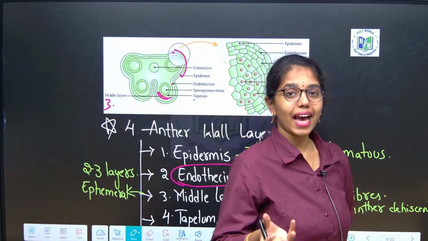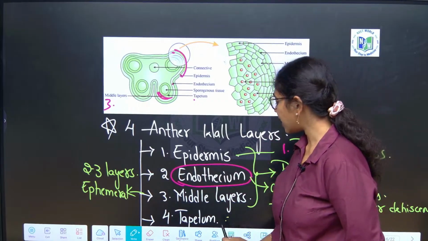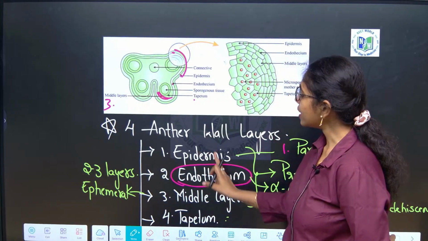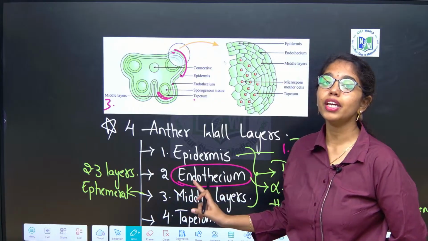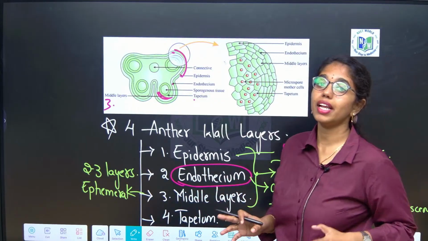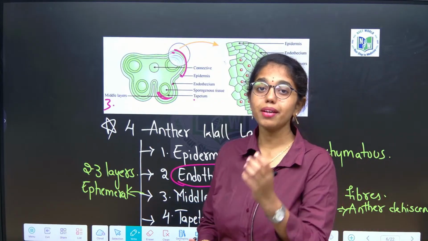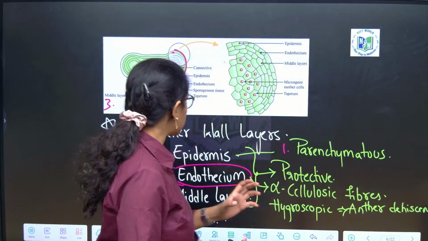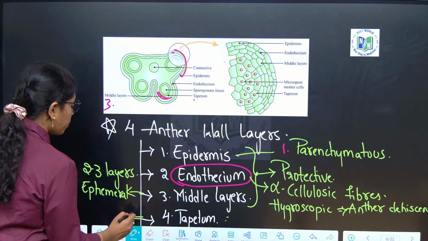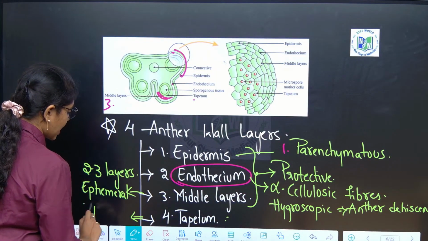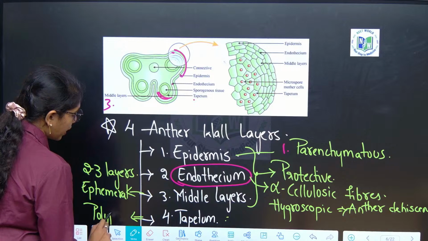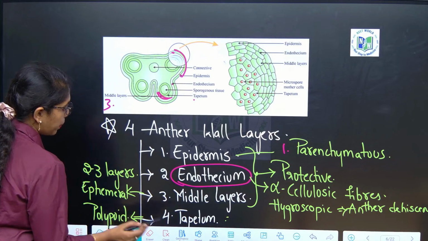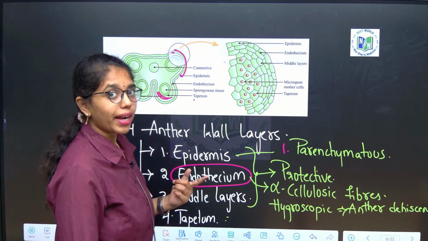Last is the tapetum. The cells in the first 3 layers are uninucleated, but the last and innermost layer of the anther is binucleated or multinucleated, exhibiting a polyploid condition.